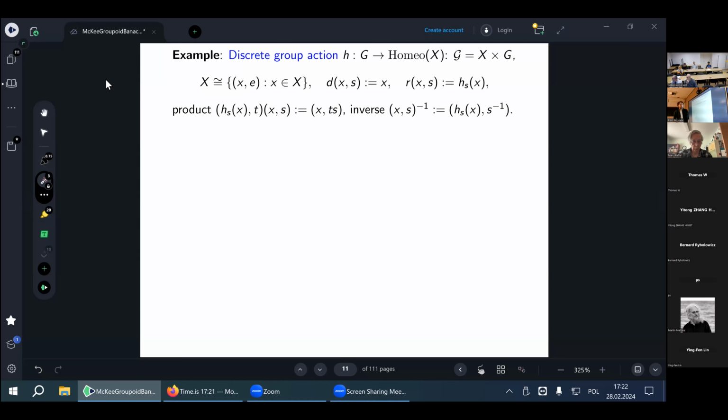And the domain of a pair (s, x) is just x. And the range is the homeomorphism coming from s applied to the element x. So we think of the group element s as mapping x to its image under the homeomorphism. And if you think of these things as arrows, then the formulas for product and inverse are quite natural.